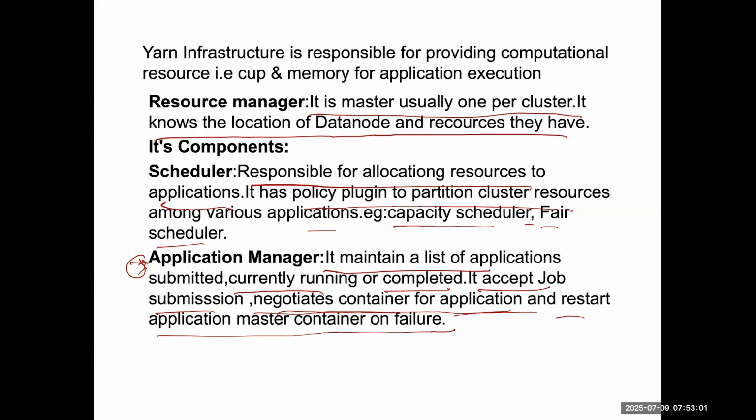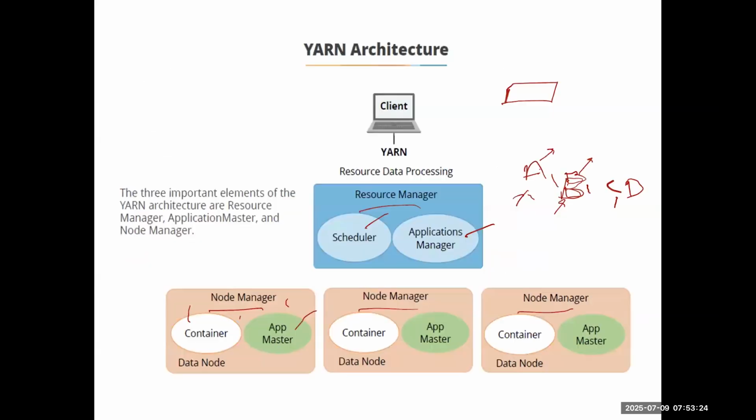But you can just understand this: it is responsible for allocating resources to the applications. You have multiple applications; by application, I mean jobs. You have jobs A, B, C, D. You can call A one application, B one application, C one application. So it will allocate resources to the applications. You understood the two components of the resource manager, the application manager and the scheduler? Yes.